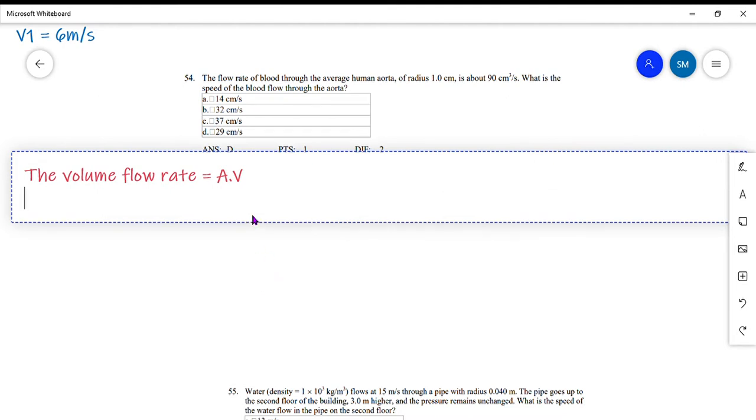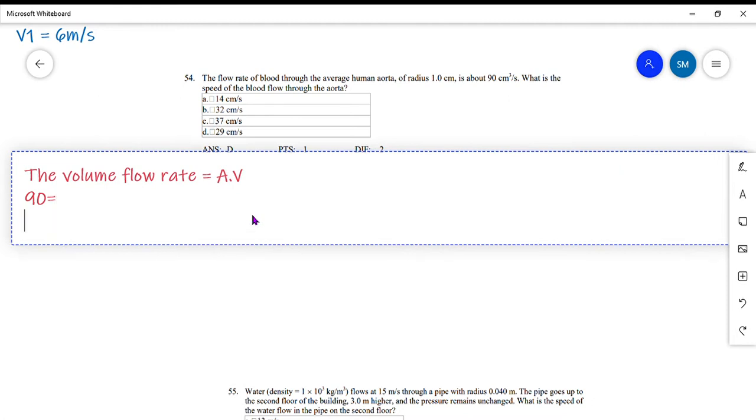The volume flow rate is 990. We don't know the area, so let us calculate it. A is equal to pi r squared, 3.14 times 1 to the power 2, so the result is simply 3.14 meter squared.